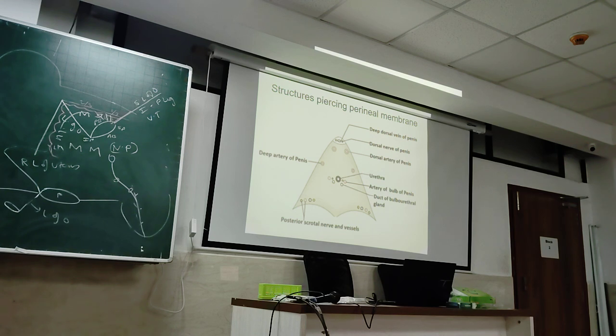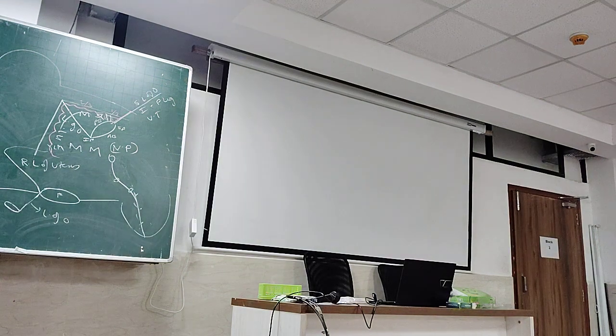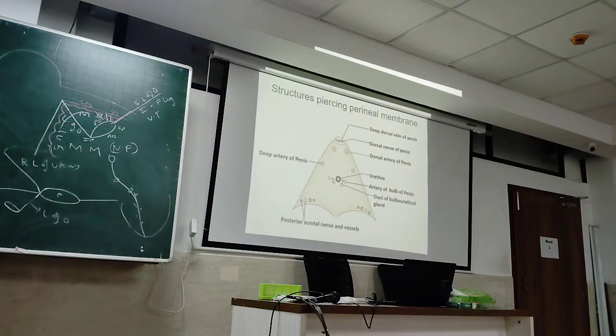The urethra is surrounded by the artery of the bulb and the nerve of the bulb. And further posterior to that is the opening of the duct of the bulbourethral gland. The bulbourethral gland itself lies in the deep space. It pierces the perineal membrane, comes to the superficial space and opens into the urethra.